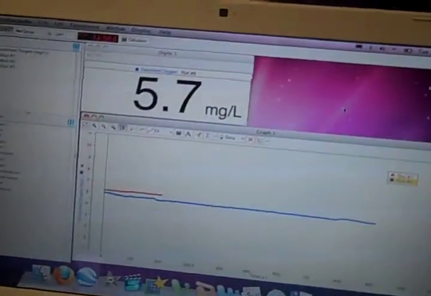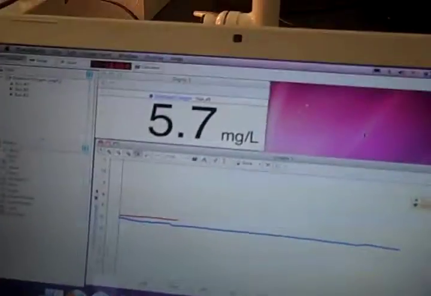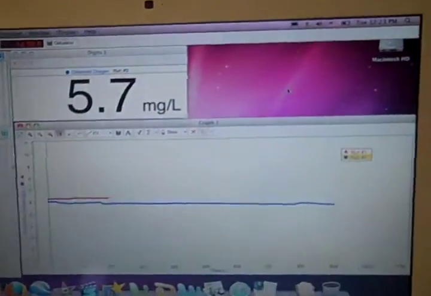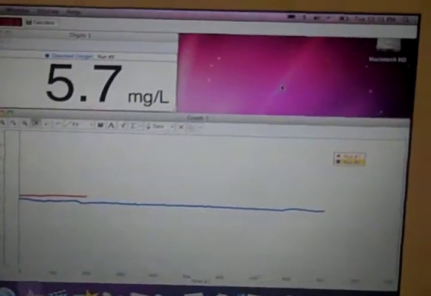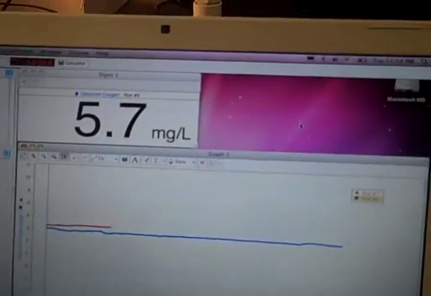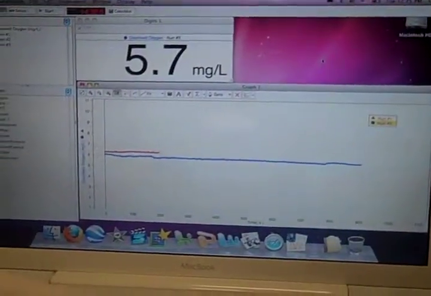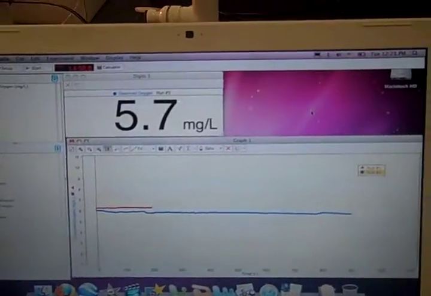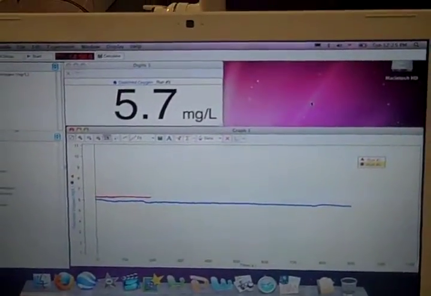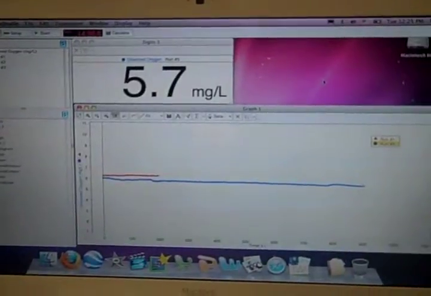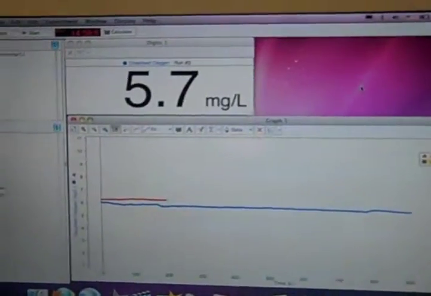We found that when we put the plant into the water, the dissolved oxygen levels almost stayed exactly the same, but it did have a slight decrease compared to without the plant in the water. We think we got these results because there was no carbon dioxide present for the plant to carry out photosynthesis.